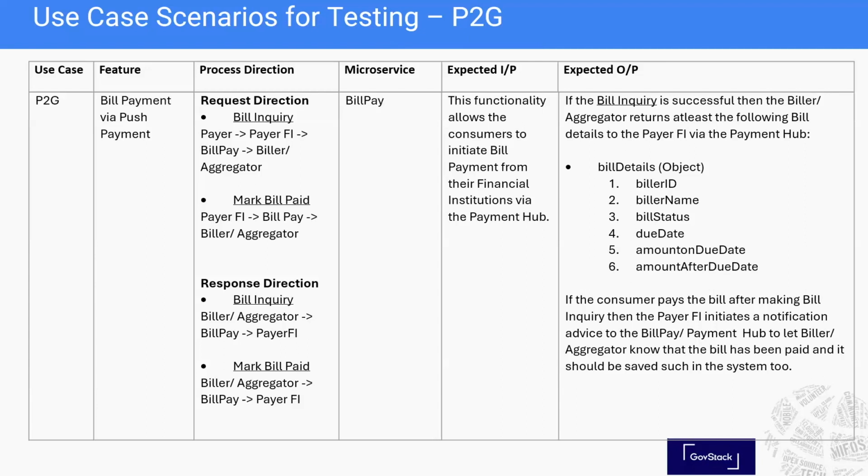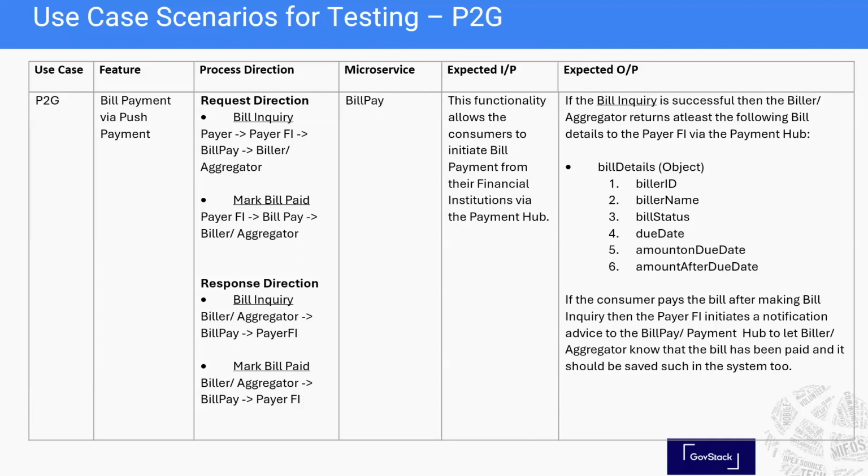An important thing to note for the implementation going forward is that the system is designed to be agnostic to whether the billing company is an individual biller, an aggregator of billers, or a bill payment system itself.